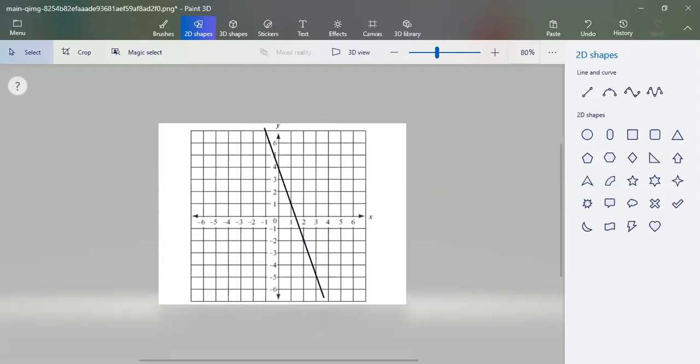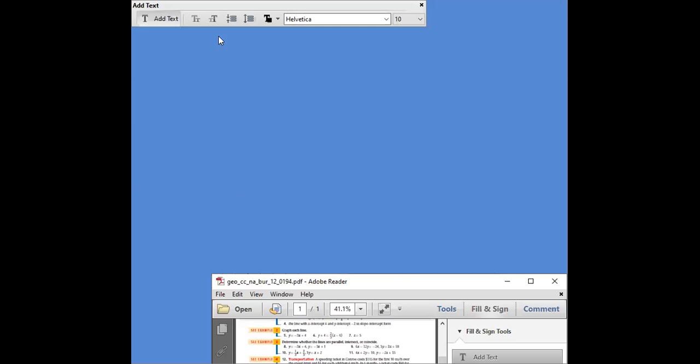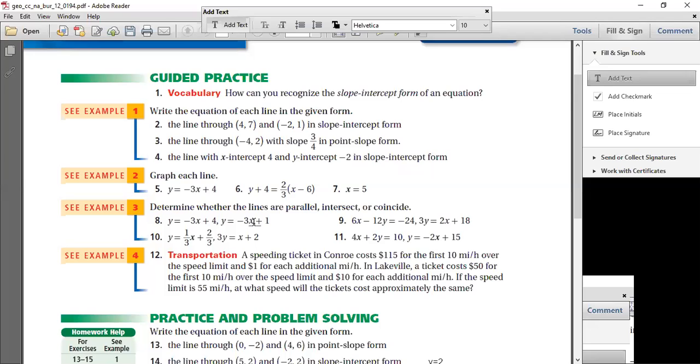In the next question, it is given in the form y minus y1 equals m times x minus x1.